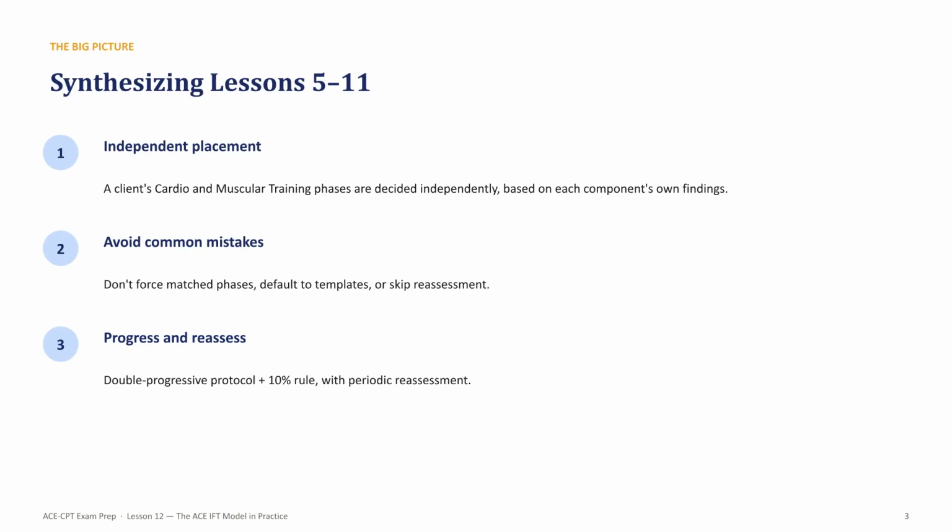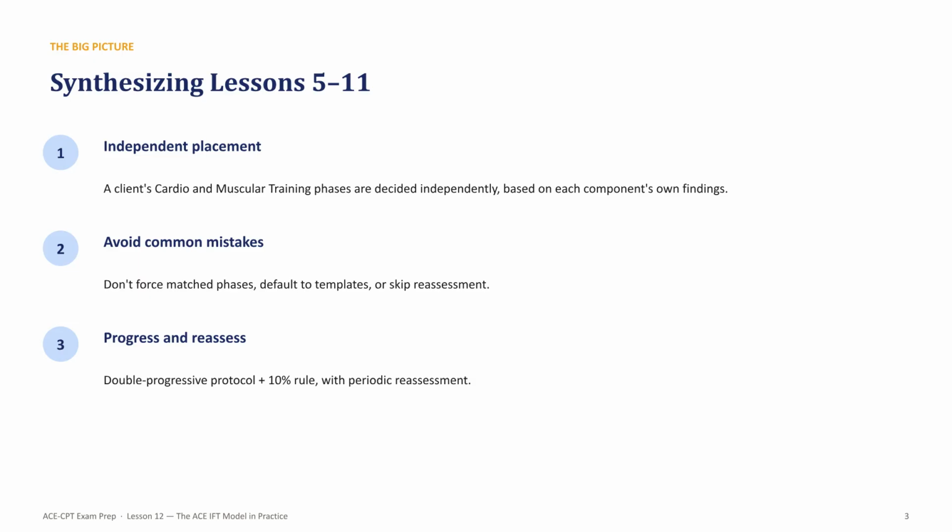Let's zoom out and look at the big picture, synthesizing lessons 5 through 11 into one coherent process. There are 3 ideas to hold on to here. First, independent placement. A client's cardiorespiratory training phase and their muscular training phase are decided independently of each other, each one based on its own set of findings, not on some assumption that they have to match.